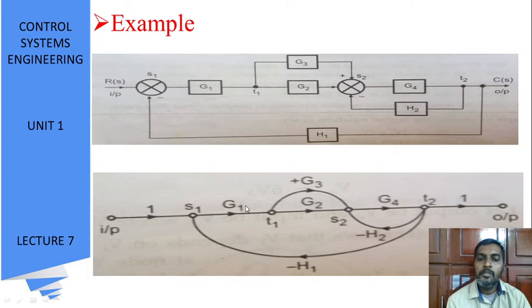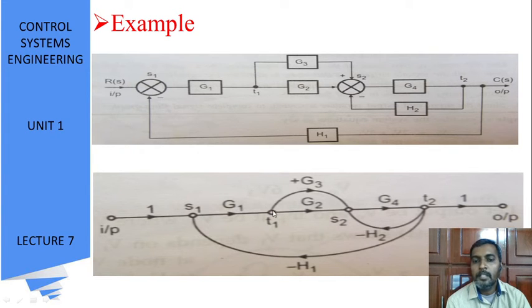So I need to change them like this. Input is R(S), and its gain value is 1. It is coming to the summing point, and I am making the summing point S1. From this summing point it goes to G1, and from terminal 1 it moves to G3 as well as G2.